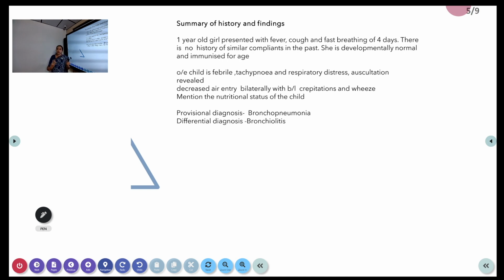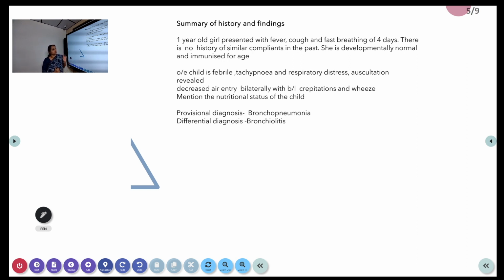Sometimes children with cerebral palsy or neuromuscular disorders have swallowing dysfunction and will have recurrent aspiration pneumonia. Then primary immunodeficiency diseases and cystic fibrosis can also cause recurrent pneumonias. Even in bronchial asthma, you may get secondary infection, and middle lobe pneumonias can happen.